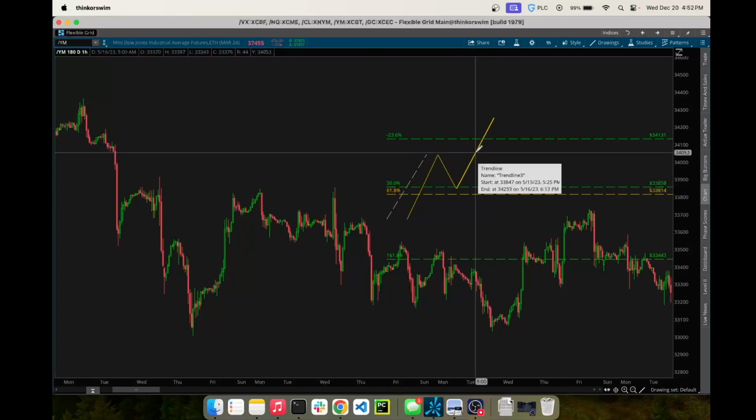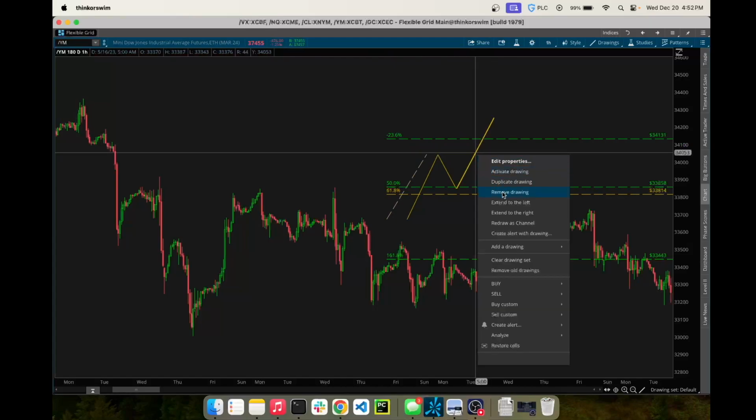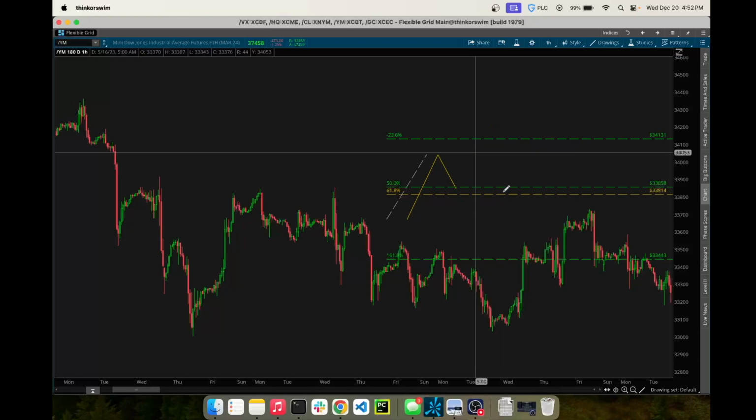Well, ABCD is a pattern-driven methodology off of something similar. If you get your A to B leg and then your B to C leg sits somewhere in the 50 to 61.8 zone, you can fib this.